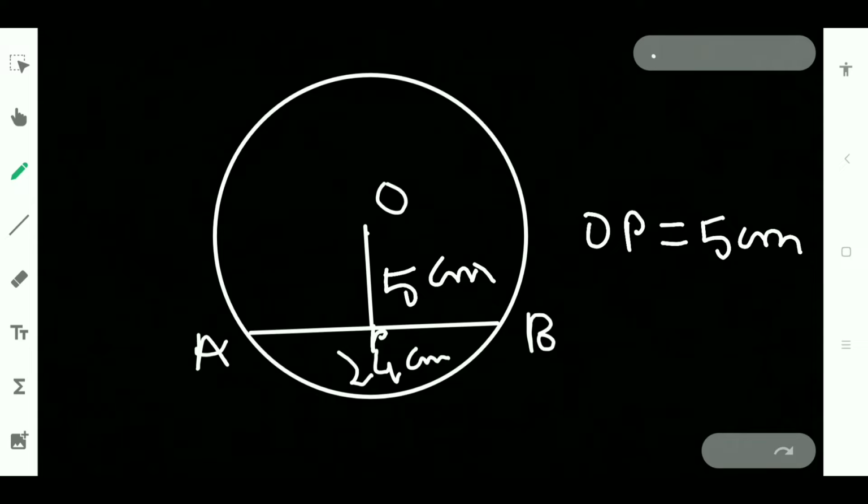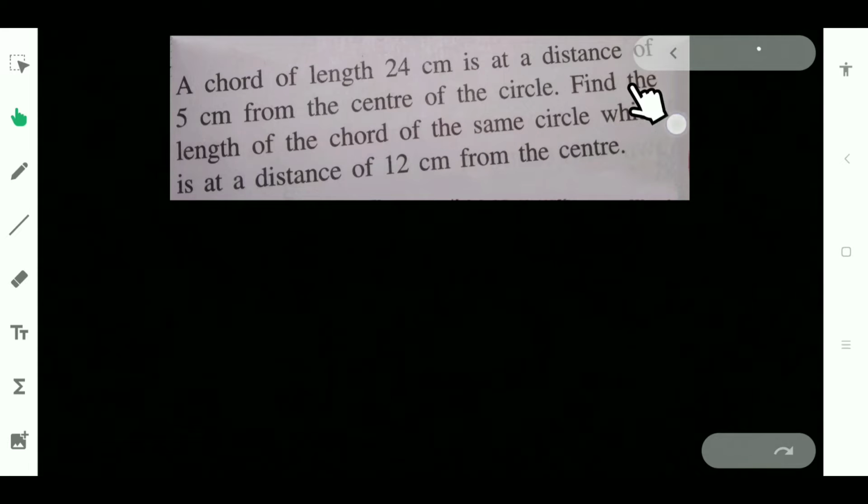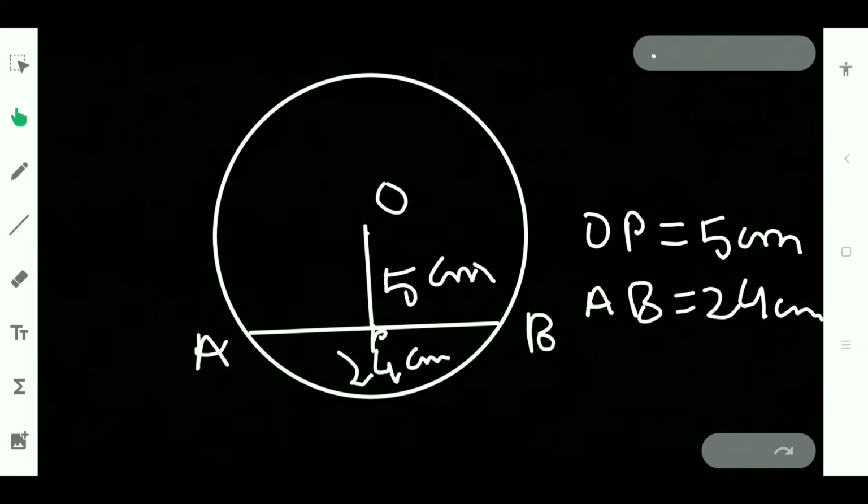Now we have AB 24 cm and OP 5 cm. The next information is to find the length of the chord of the same circle which is at a distance of 12 cm from the center. So another chord is drawn like this. Let us name it CD.